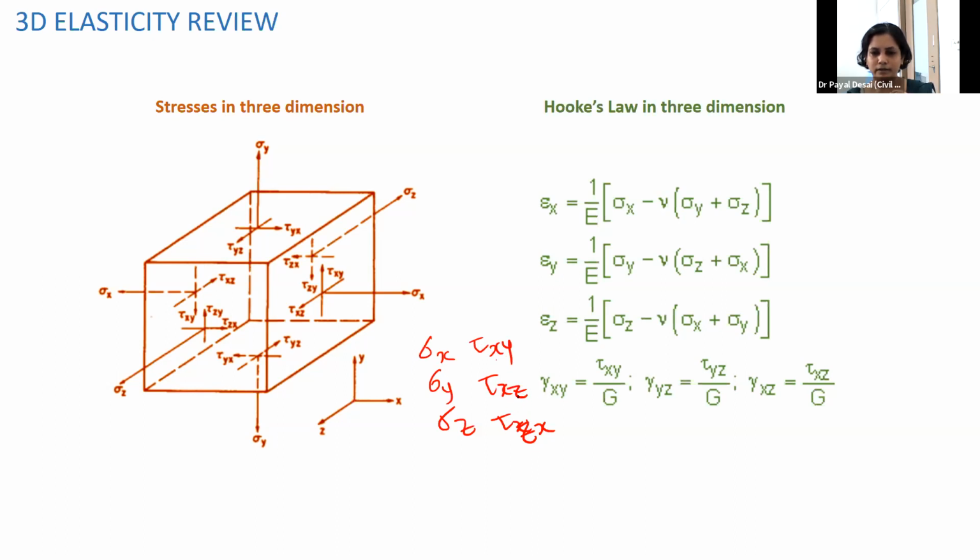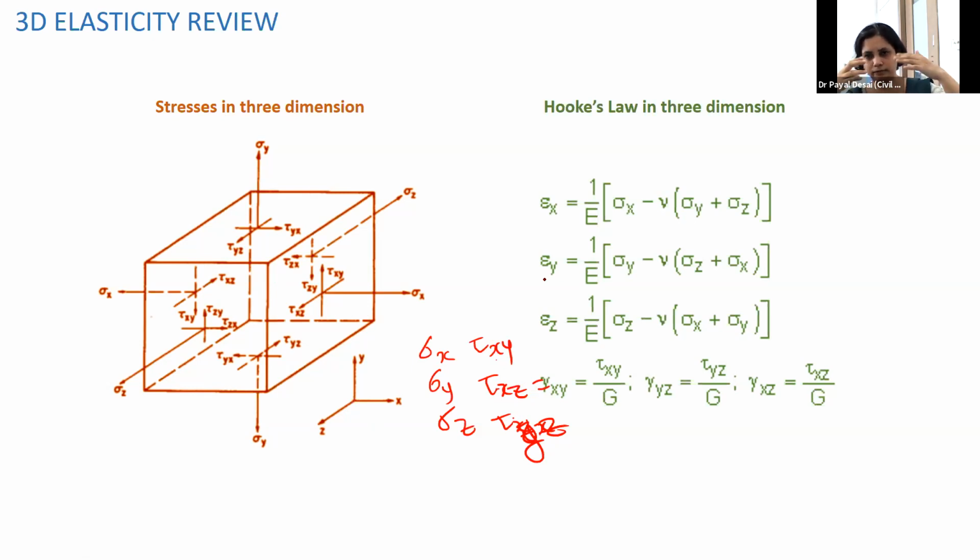Sorry, zx and zy will be same. So the planes will be xy, xz, and yz. So 6 stress components, 3 normal and 3 shearing stress, and there are sign conventions, of course.